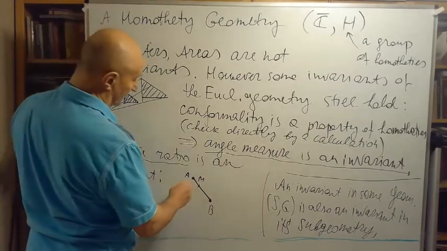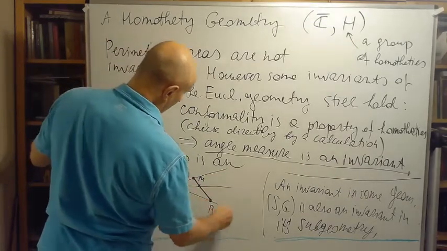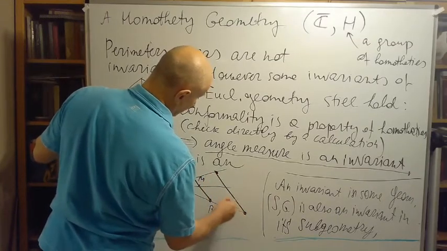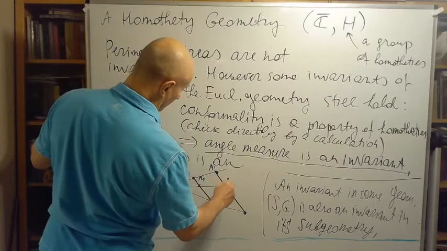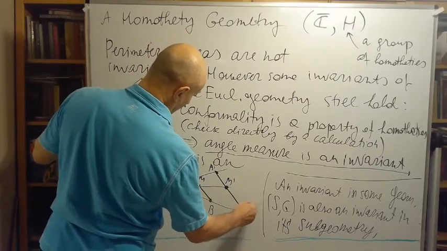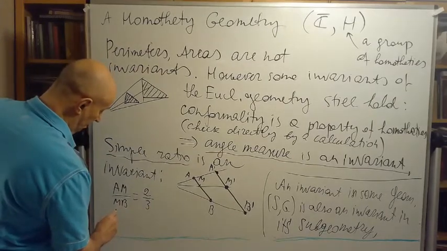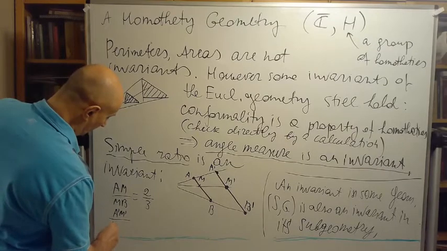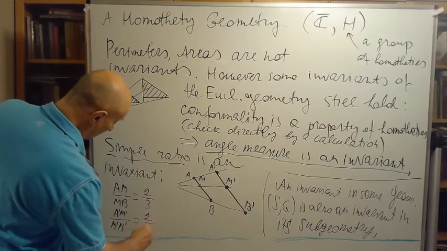What will happen after a homothety? As a result of a homothety transformation, this segment will transform into segment A prime, M prime, B prime, and this ratio will hold: A prime M prime over M prime B prime will also be 2 to 3.